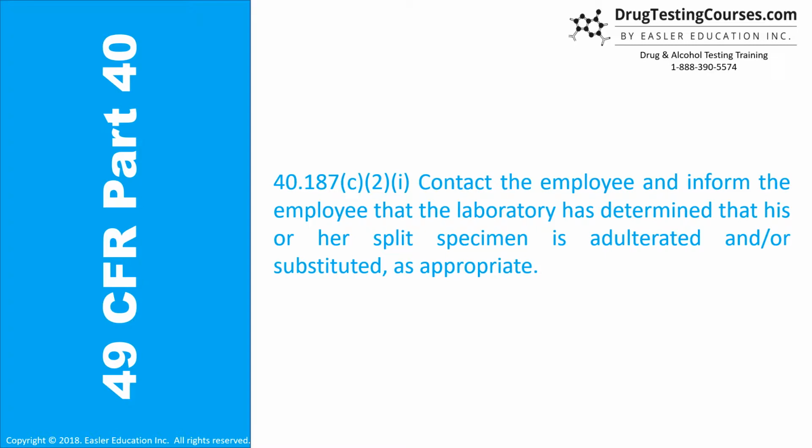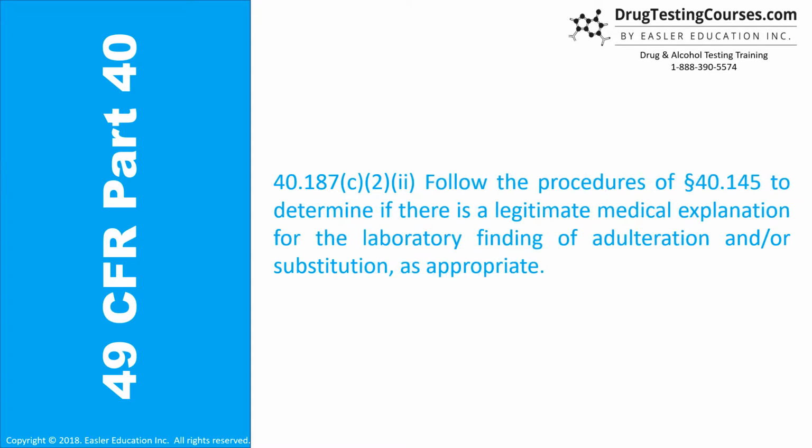Contact the employee and inform the employee that the laboratory has determined that his or her split specimen is adulterated and/or substituted as appropriate. 40.187C2 sub 2. Follow the procedures of Section 40.145 to determine if there is a legitimate medical explanation for the laboratory finding of adulteration and/or substitution as appropriate.